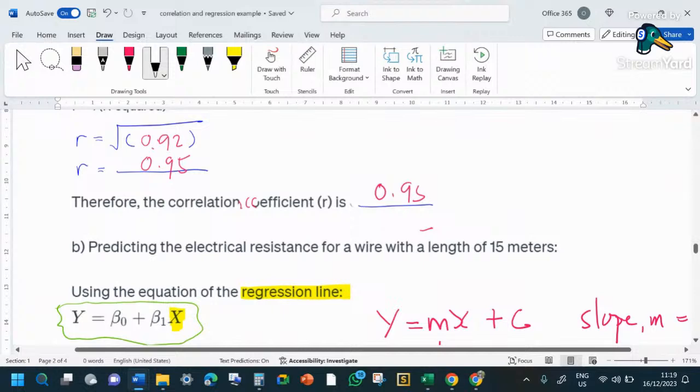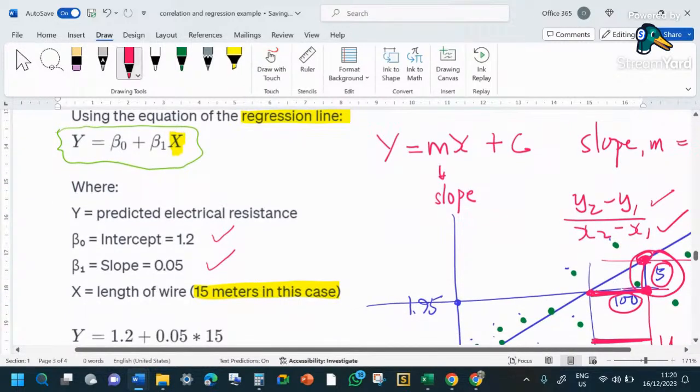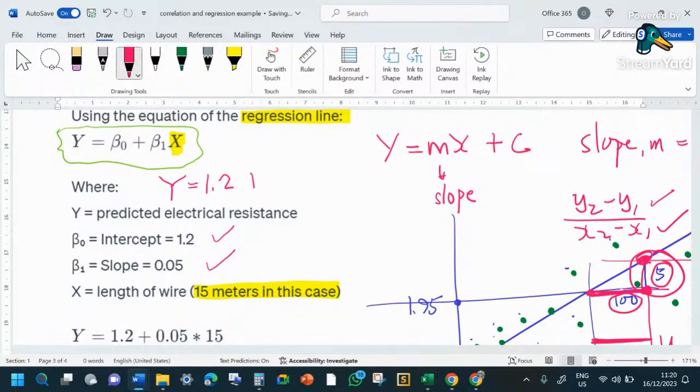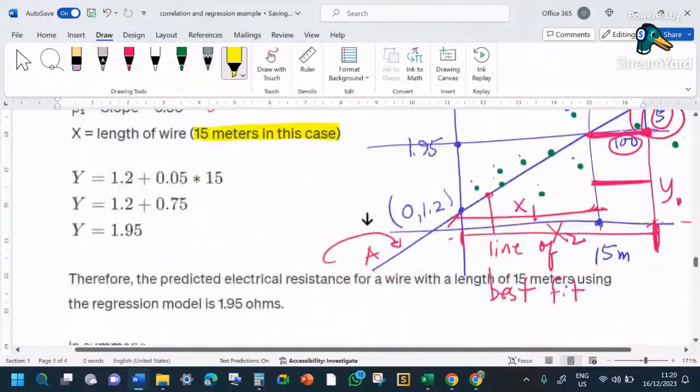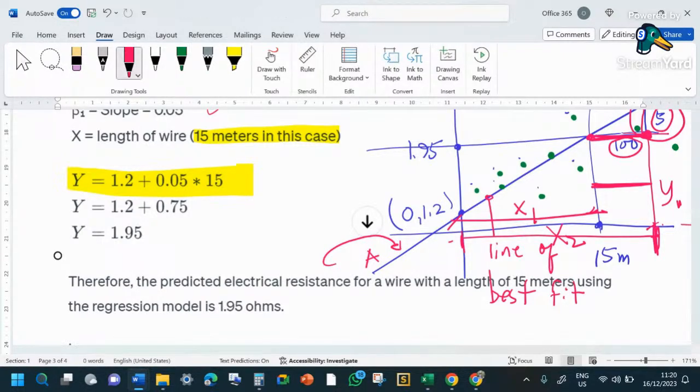Predicting the electrical resistance for a wire with a length of 15 meters. Our formula a while ago was y is equal to 1.2 plus 0.05 times x. So because we need to know the resistance at 15 meters, y is equal to 1.2 plus 0.05 times 15, then you get 0.75 for these two quantities.